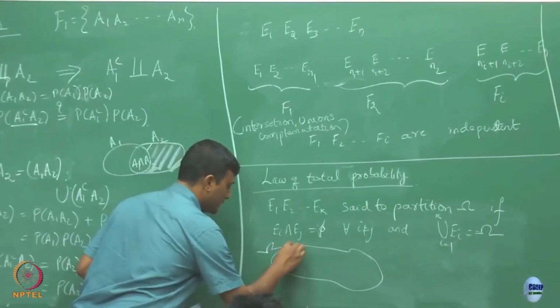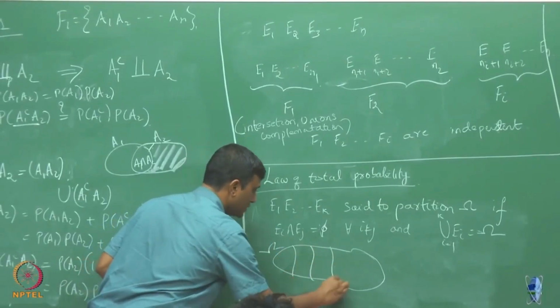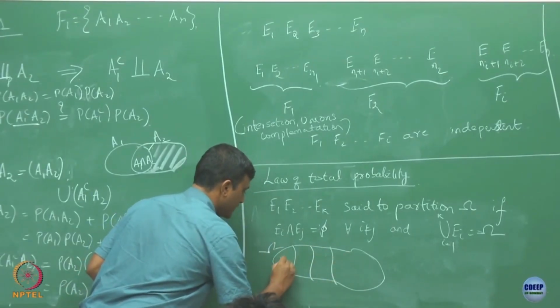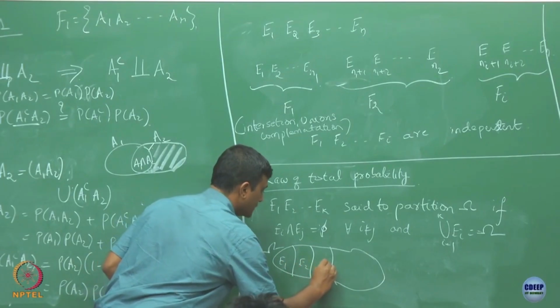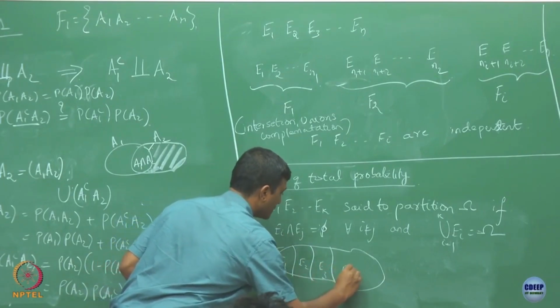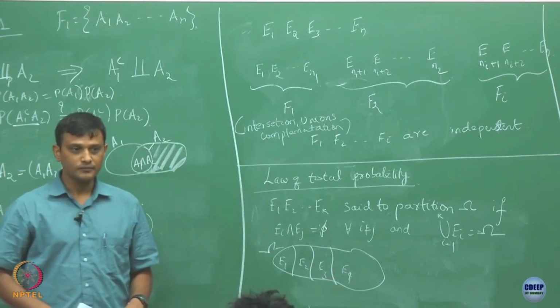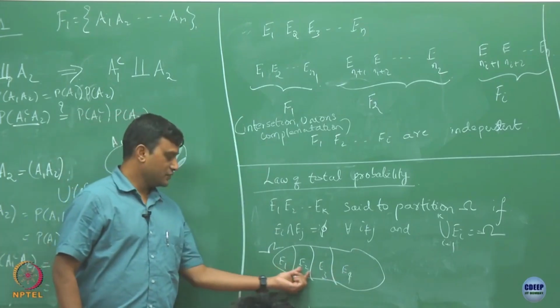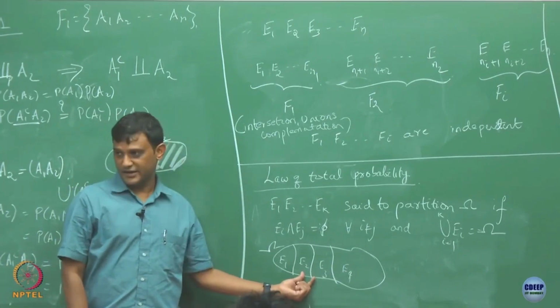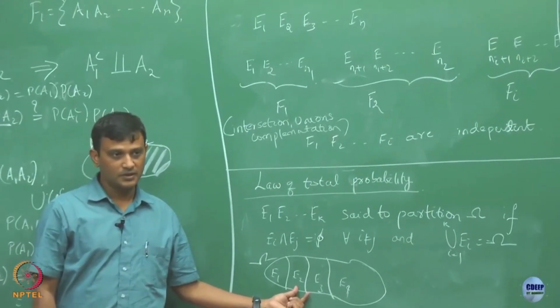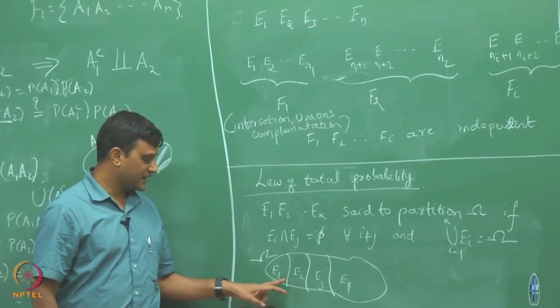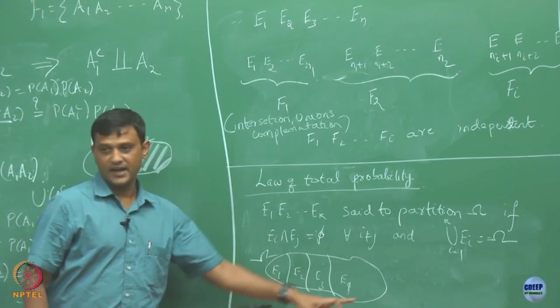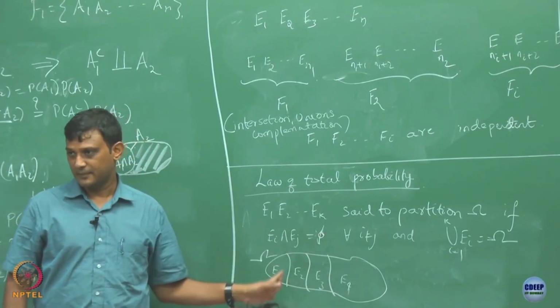One possible partition could be like this, simply E1, E2, E3, E4. So E1, E2, E3, E4 are disjoint and their union covers my sample space.